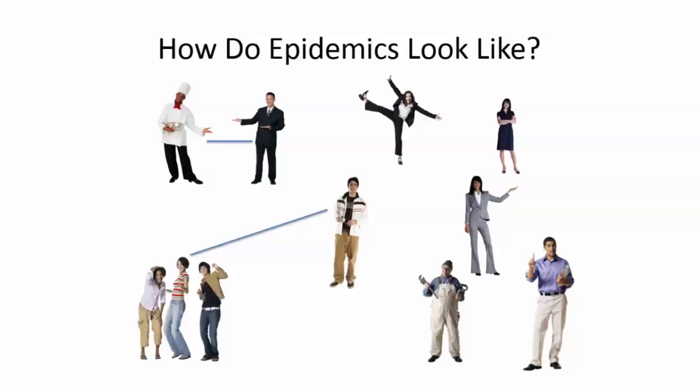I am trying to illustrate that, yes, this may be how people around you look, but the notion of how they hang out with each other, how they interact with each other, is embedded in understanding the transmission, the way in which the pathogen will find its way to move from one host to another host. It has to do with these lines that I'm drawing here. These lines are representing how these individuals in this community may be connected to one another.